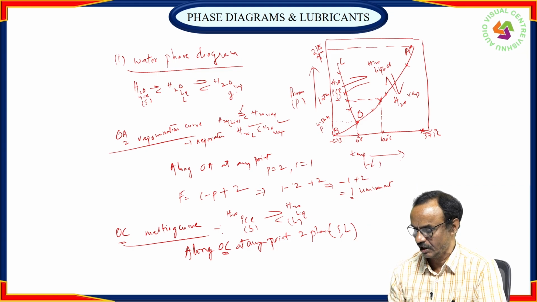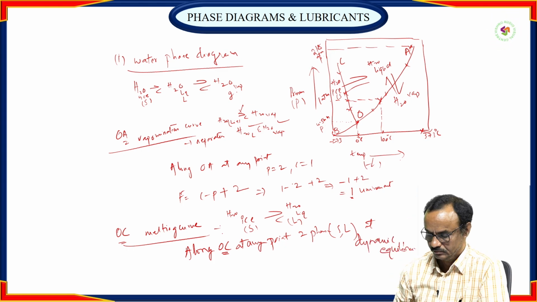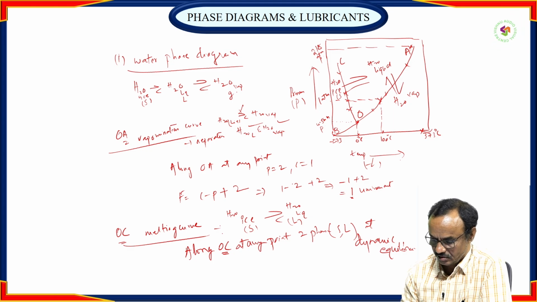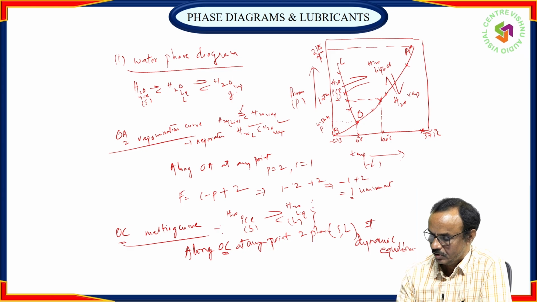This represents dynamic equilibrium. At dynamic equilibrium, the possible phases are 2, so the number of phases is 2, and components is equal to 1.